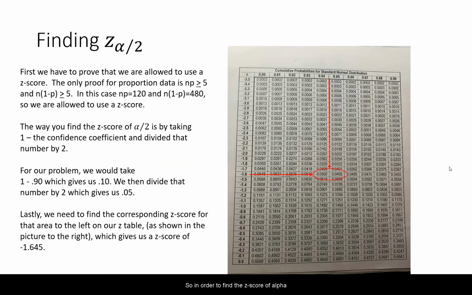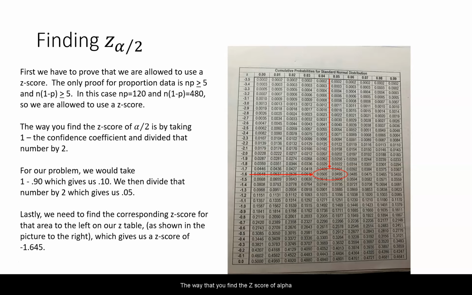In order to find it, we first need to prove that we are allowed to use a z-score. The only proof for proportion data is that n times p is greater than or equal to 5, and that n times 1 minus p is greater than or equal to 5 as well. So in this case, n times p is equal to 120, and n times 1 minus p is equal to 480, so we are allowed to use a z-score.